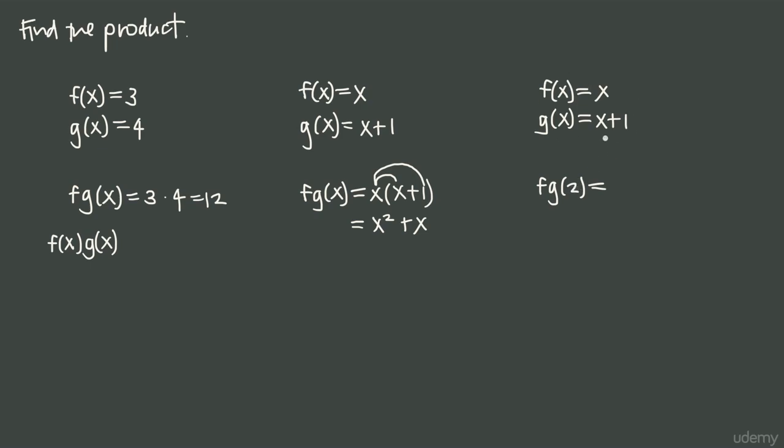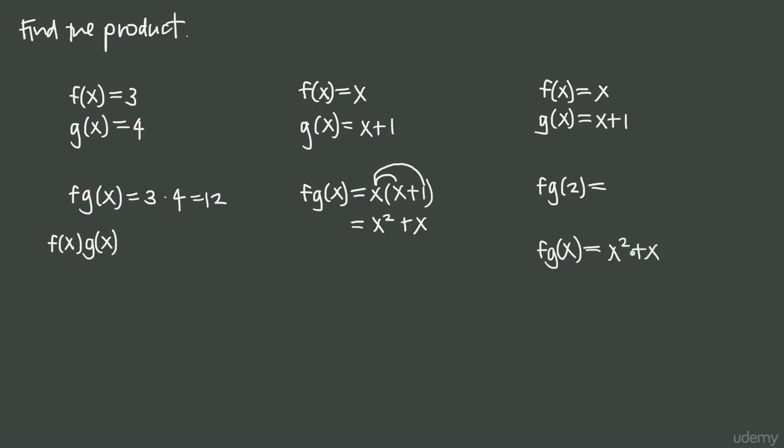So notice here that we have the same set of functions that we did in this last example. And we could go ahead and find their product, and we would get x squared plus x, or x times quantity x plus 1. So we could find the product first and say fg of x we know is x squared plus x. So we could do that first.